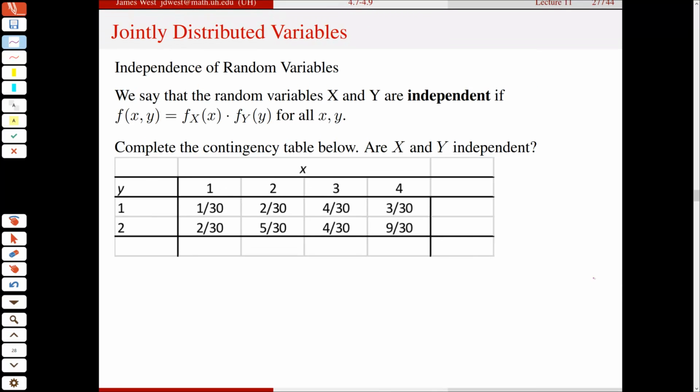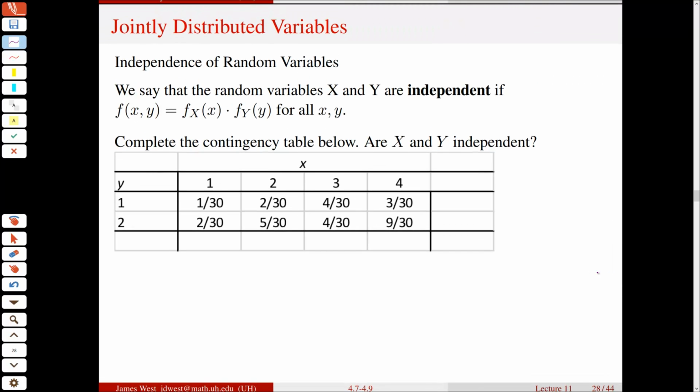Now, to check for independence is a bit more complicated. We say they are independent if f of xy is equal to fx times fy for all x and y.